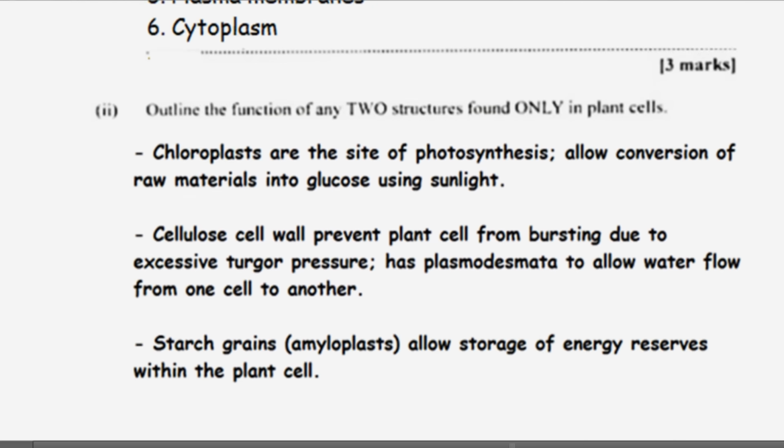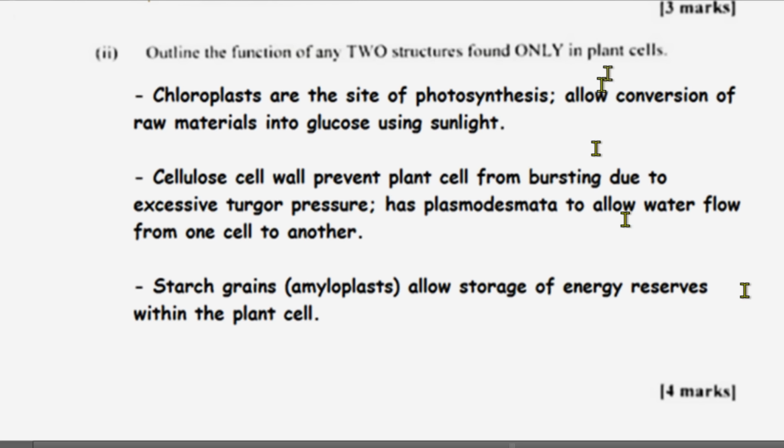The next part is outline the function of any 2 structures found only in plant cells. Well, here we go. Chloroplasts are the site of photosynthesis. They allow the conversion of raw materials such as water and carbon dioxide into glucose using sunlight. The cellulose cell wall prevents plant cells from bursting due to excessive turgor pressure.